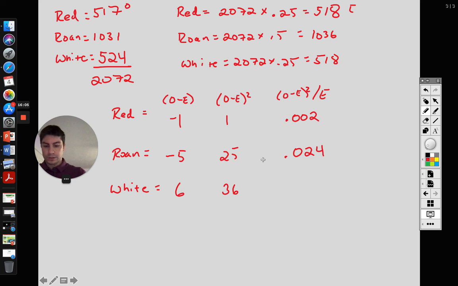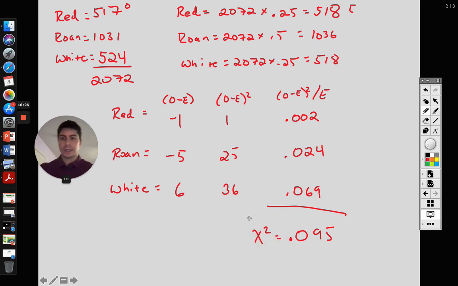And our last one, 36 divided by 518, 0.069. Add them all up, and we get 0.095 for our x squared value.